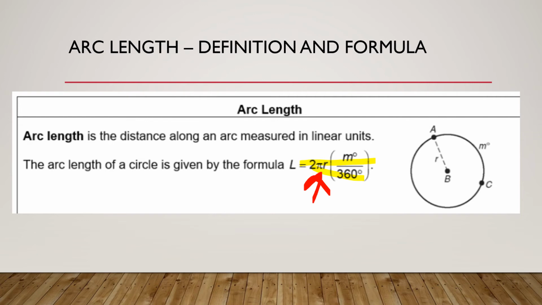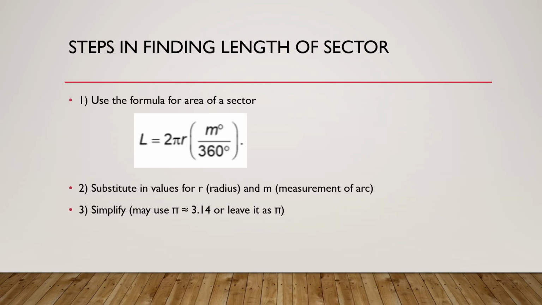Again, r is my radius and m is my arc measure. So now let's apply it. We would use our formula just like when we were doing area, except we have the formula for arc length, substitute our values for radius and the measurement of the arc, again simplify, and we can use 3.14 for pi.